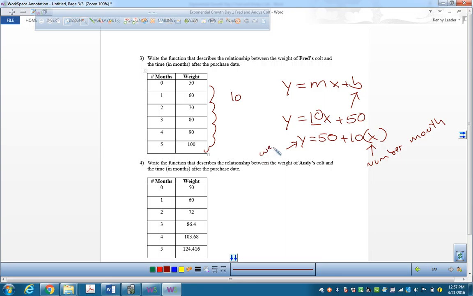The weight, right? There we go. So in the other equation, this is changing. How do I get from here to here? What am I doing each time? What could I multiply 50 by to get 60? Yes?